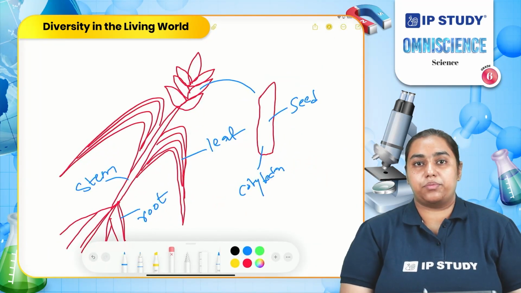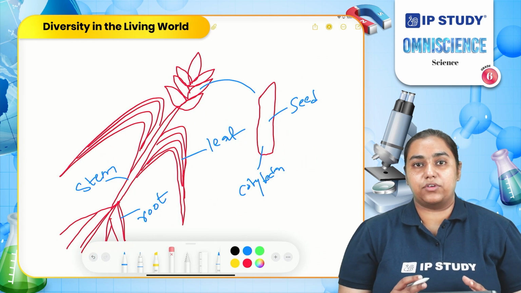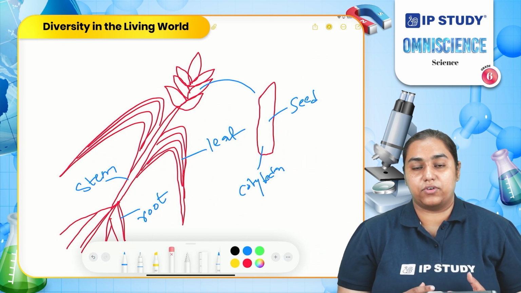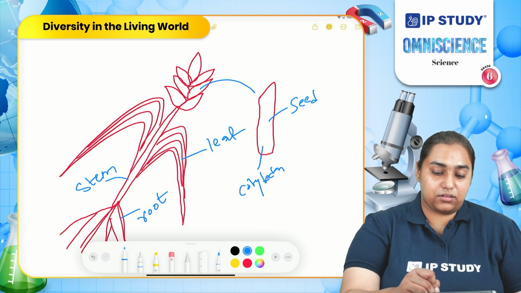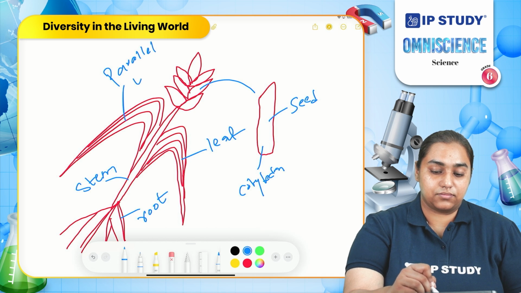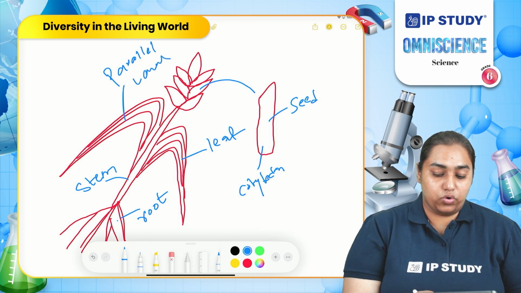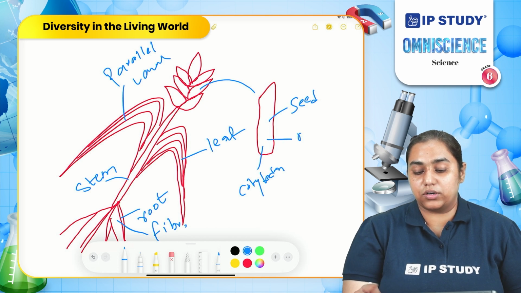If I show you this plant, this is the wheat plant, and ask you about its features, what will you say? You will say that leaves have parallel venation, roots are fibrous, and plants bear monocotyledon seeds.